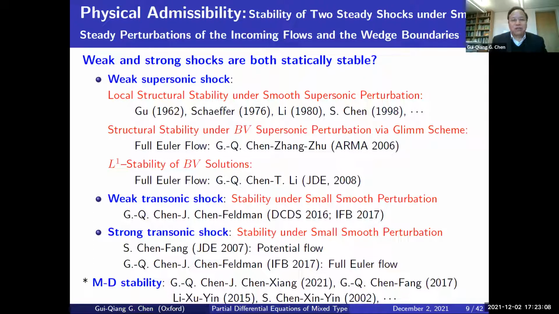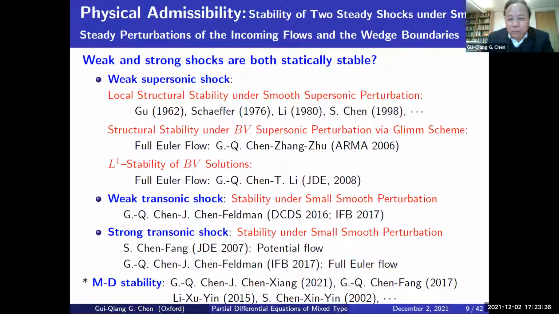The reason is that strong shocks are not always stable; stability depends on your class. You have to select the perturbation class very carefully. Then mathematically you can still prove stability in that class, but generically it's not true. So it may be very difficult to observe strong shocks experimentally, from this analysis.